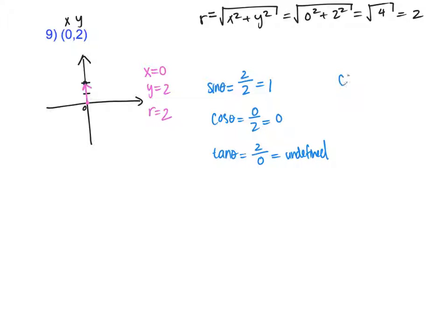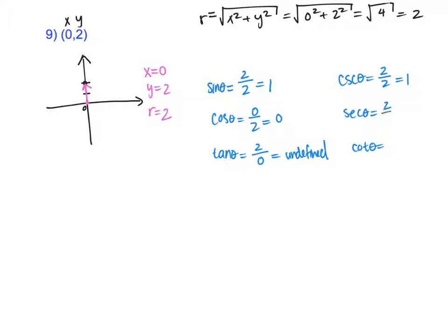And then let's take a look at our cosecant, secant, and cotangent. So our cosecant is going to be 2 over 2. Remember, if we were to flip this, it's still 2 over 2, which would still be 1. Our secant, if I flip this ratio, is going to be 2 over 0.